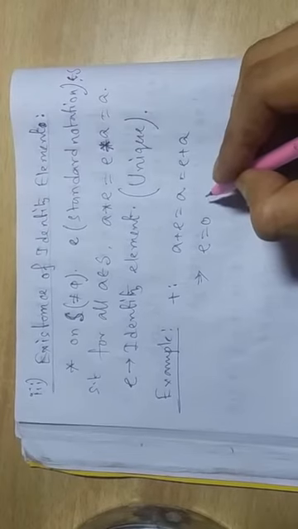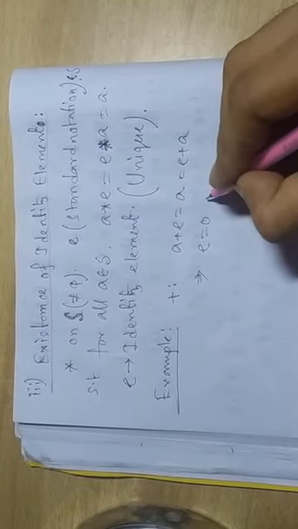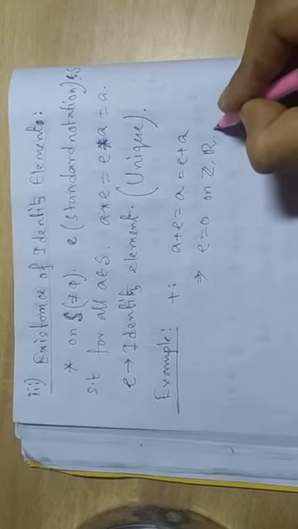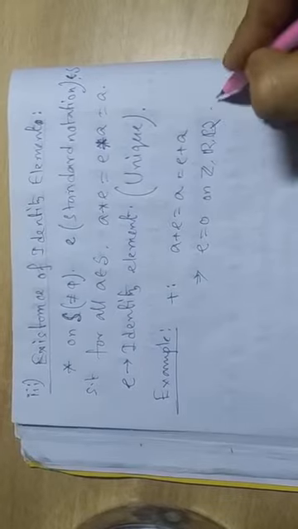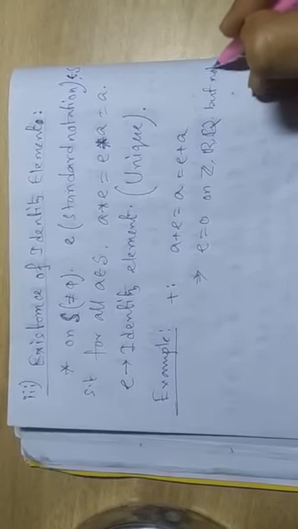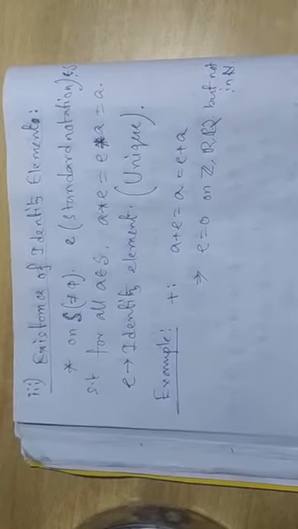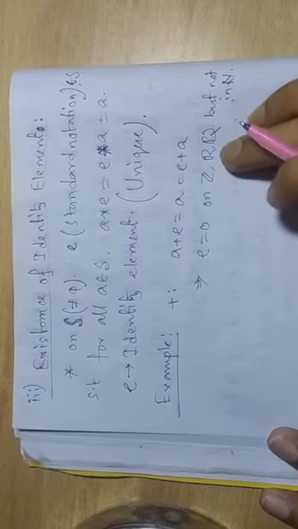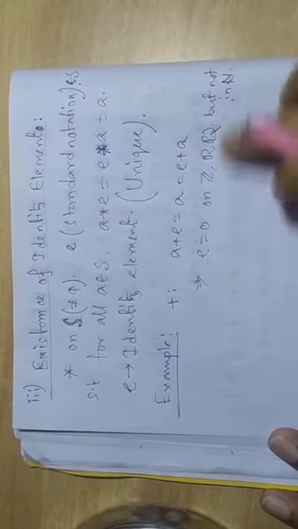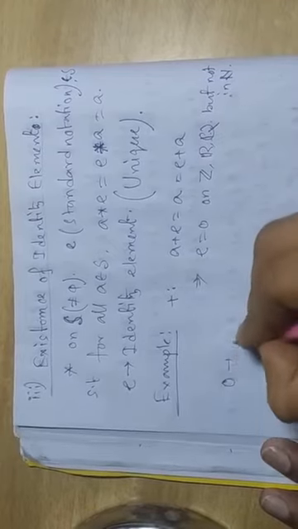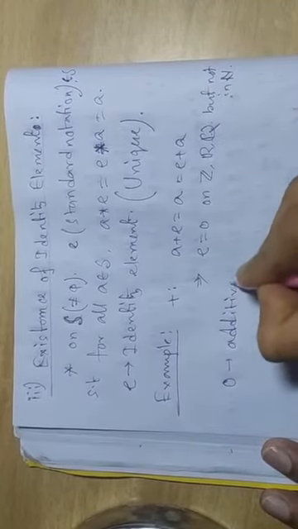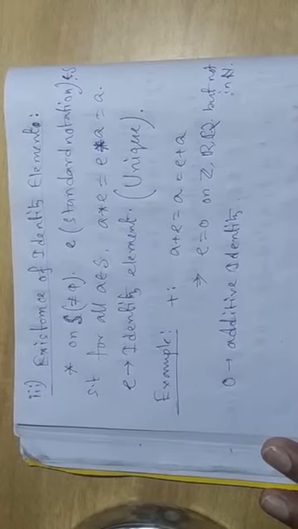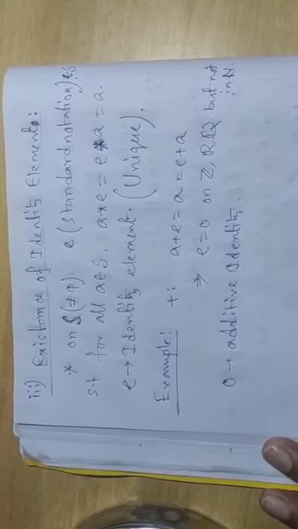So addition has identity element on Z, R, Q and higher sets, but not in the set of natural numbers. There it has the identity element 0, usually called the additive identity, because in numerical operations this becomes the identity element.